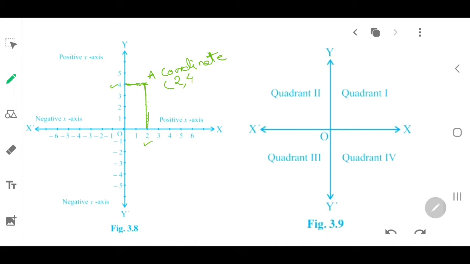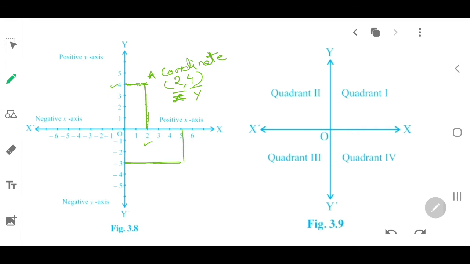So you write here 4. Correct? So the coordinate A has two values. The first value should always be of the x-axis and the next value should always be of the y-axis. You understood? My example here: suppose 3 and 5.